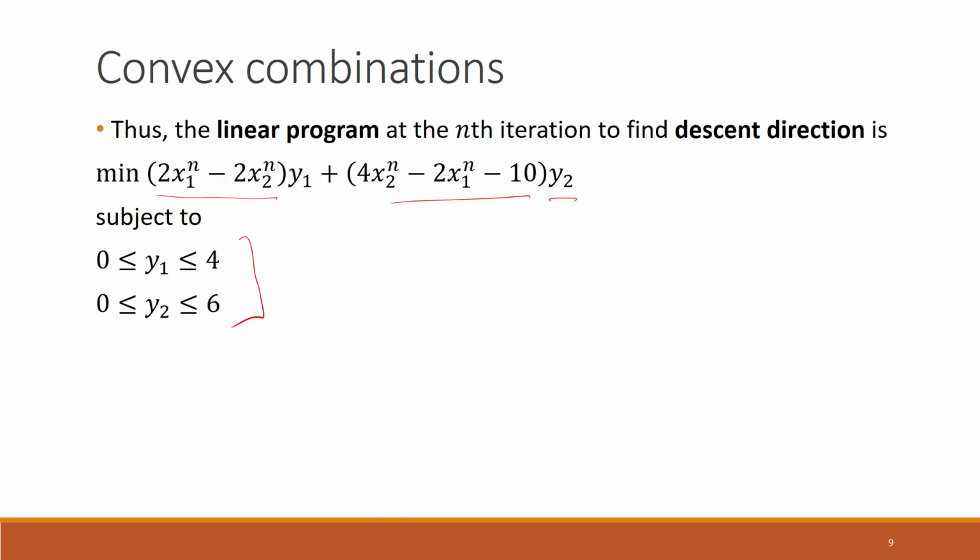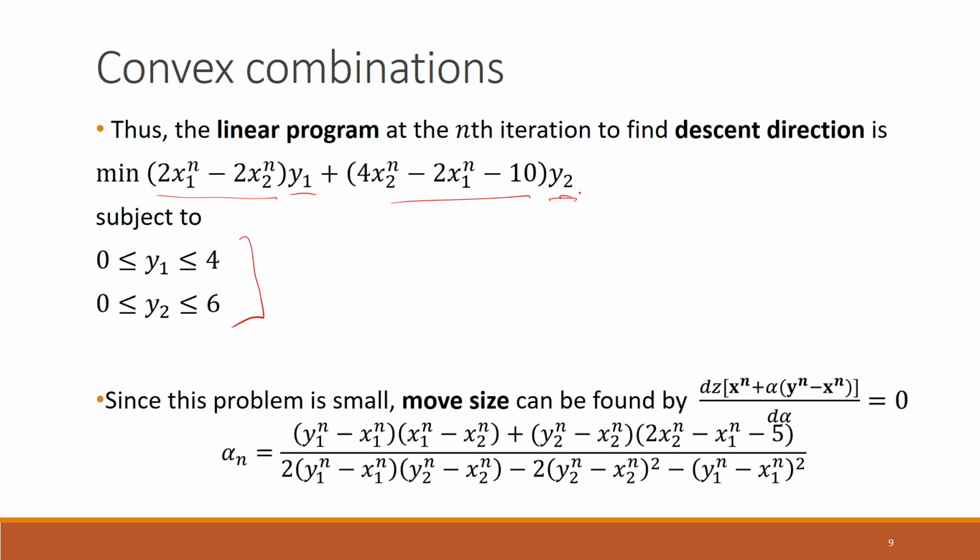So that is why we have written it in this form. So this is a linear program because x1n and x2n are known, only y1 and y2 are unknown. So this can be solved very easily, given that we know x1n and x2n at the nth iteration. So we are keeping these things ready for every iteration n. This is the general linear program at the nth iteration.